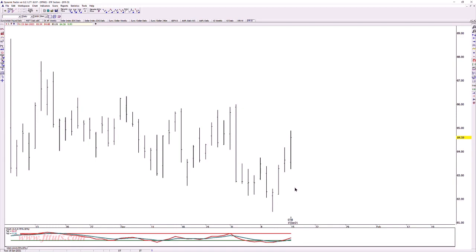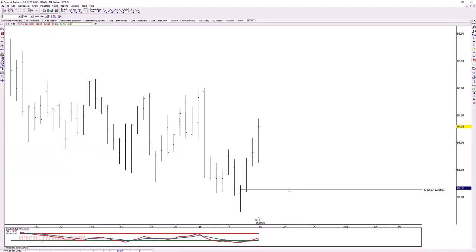And where's the stop? Well, the stop is at the low made prior to entry, the low made prior to the daily momentum bull reversal. Once again, on ETFs and individual stocks, I usually put the stop at the close below what we'll call the momentum cycle low close, and not the intraday low.